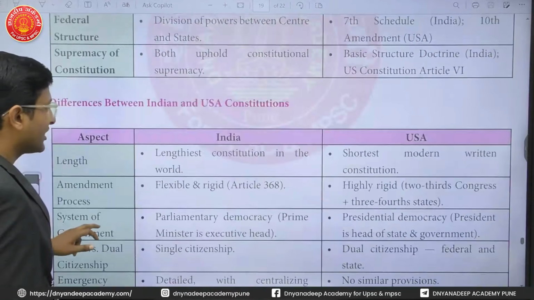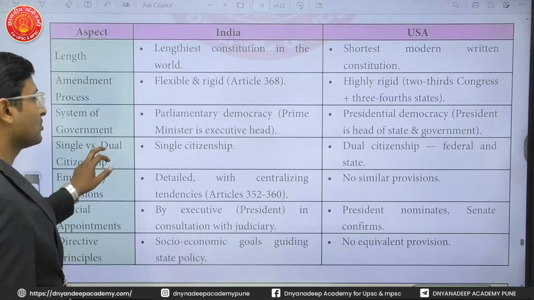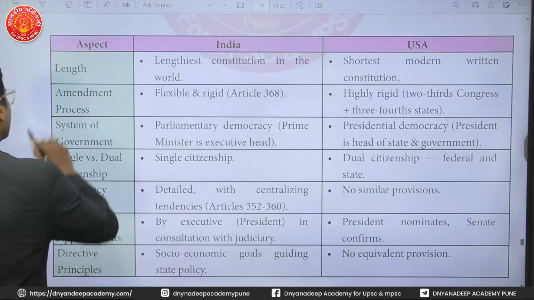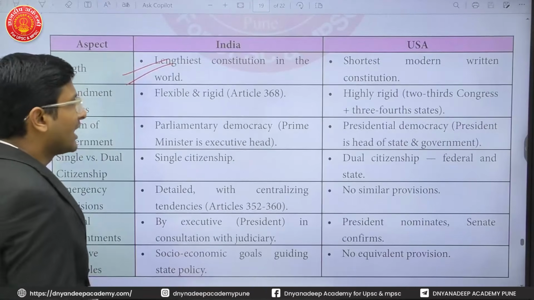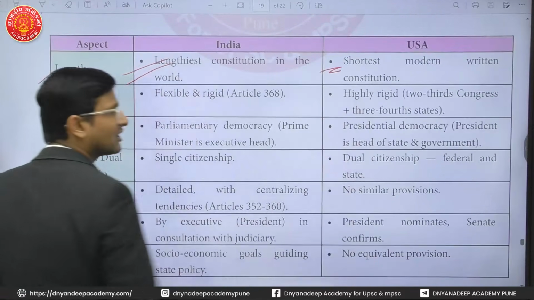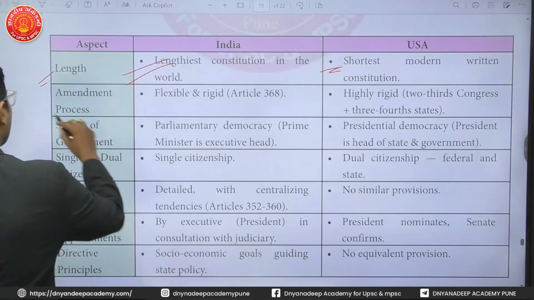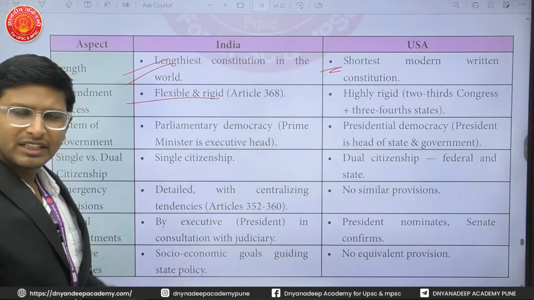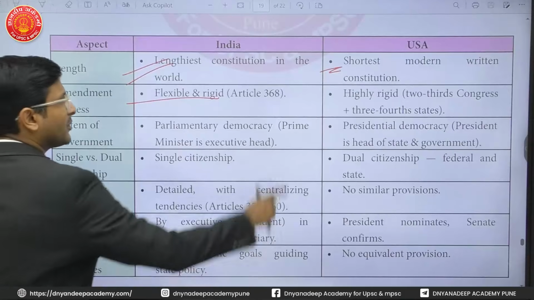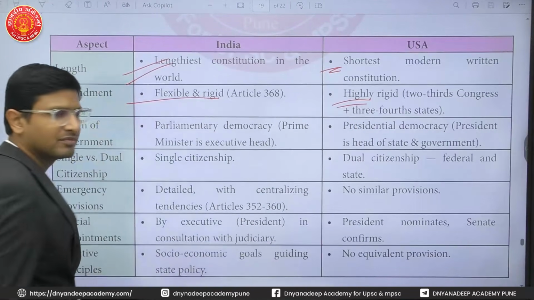So of course there are similarities, but there are multiple differences also. For example, with respect to length, the Indian constitution is the lengthiest one and the American constitution is the shortest modern written constitution. Amendment process: India has a mix of flexibility and rigidity, but the USA is highly rigid.